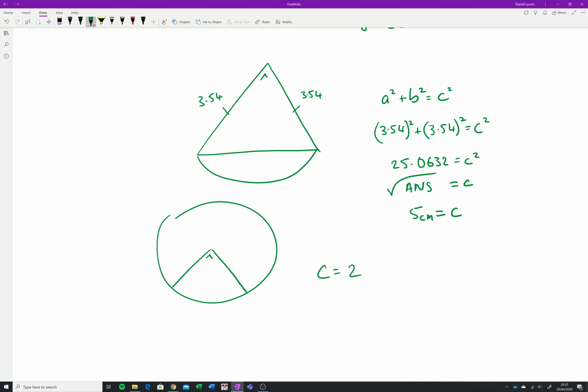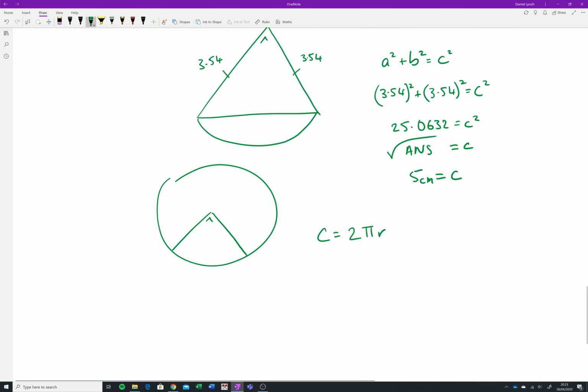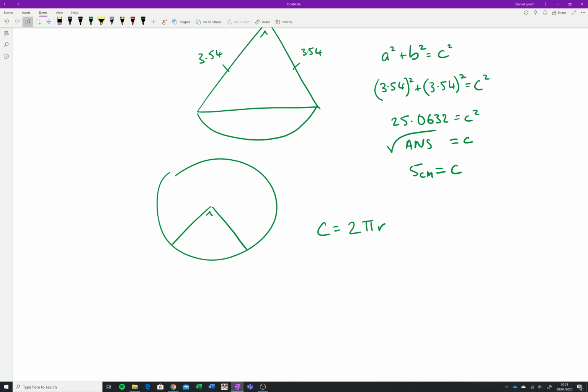Circumference is equal to 2 pi r. So you can go and get the whole one, or you can just get that bit there. To get just the regional bit, I'll call it CR for a second, you would say it's theta out of 360, where theta is the angle. So it's 90 degrees out of a full 360. That's where you're getting the quarter from, if you like. And it's 2 times pi times r, and the radius we already know is 3.54. And it asks us to get this to 2 decimal places.